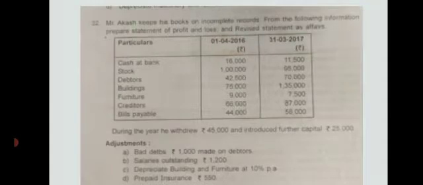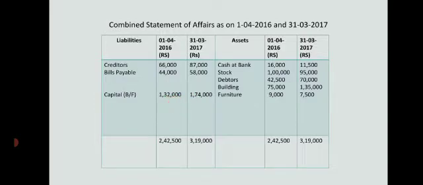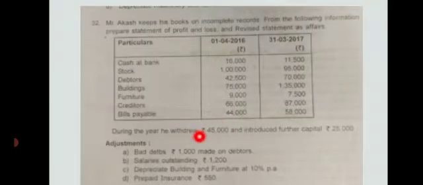Now here statement of profit and loss is prepared. We require information of opening capital, closing capital, which we have already found. Again we need drawings made by the proprietor and any further capital, additional capital introduced by the proprietor.